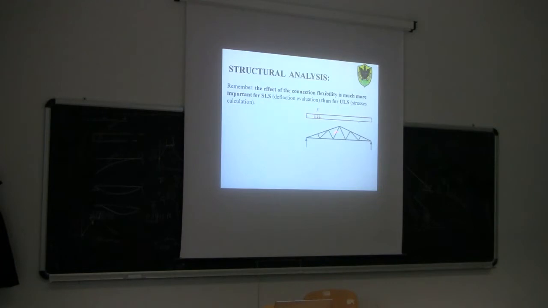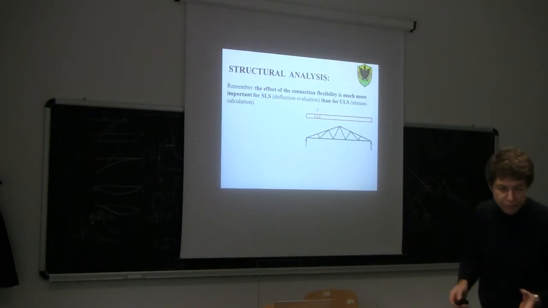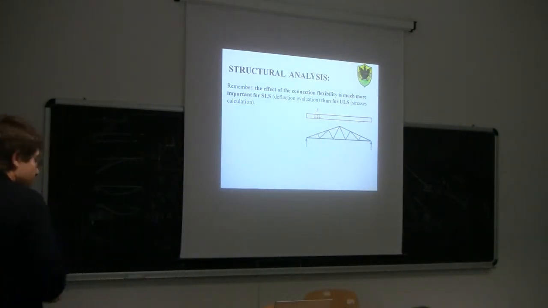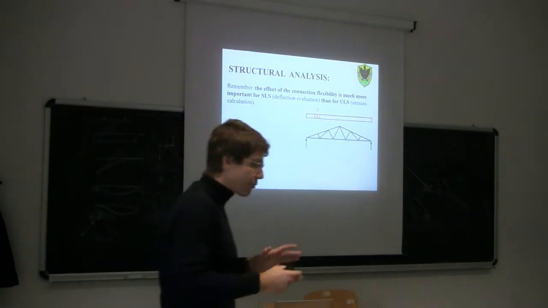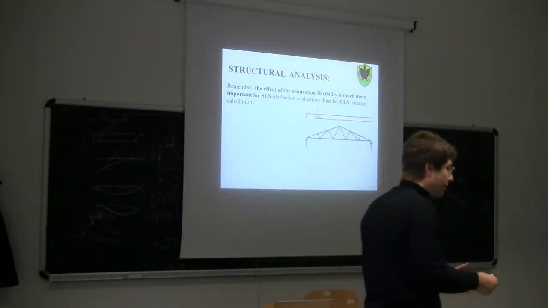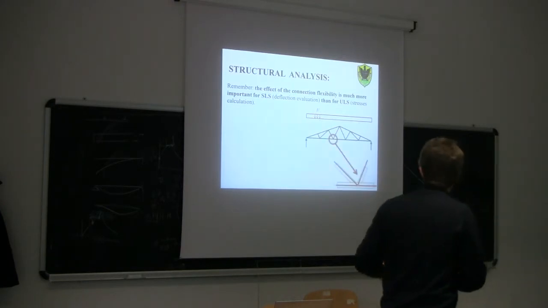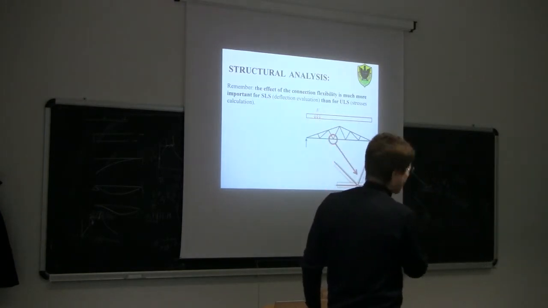So of course this connection here is already regarded as a pin connection, but it's a pin connection with some axial flexibility due to the fact that the bolts or the dowels, in general the fastener that we use to connect the wood itself, have some flexibility. So strictly speaking, you see this is the model that we usually adopt.